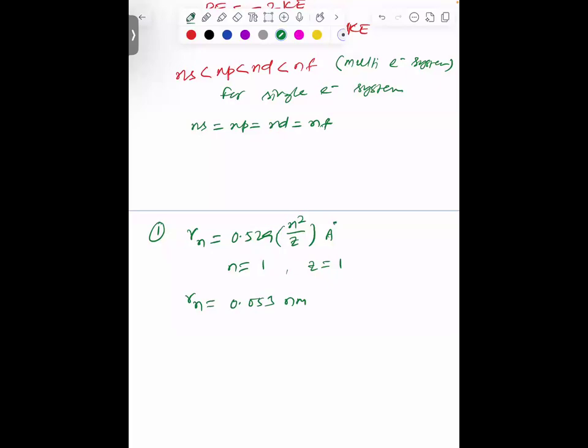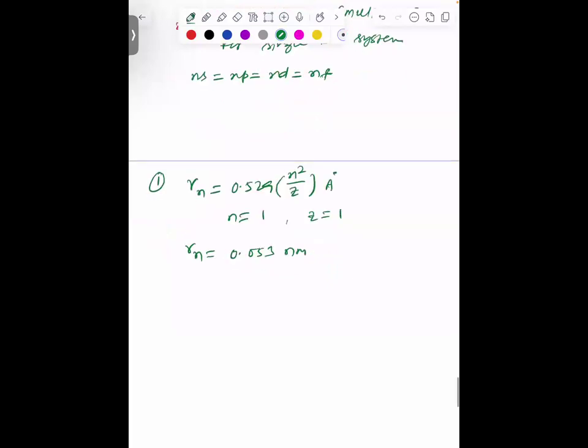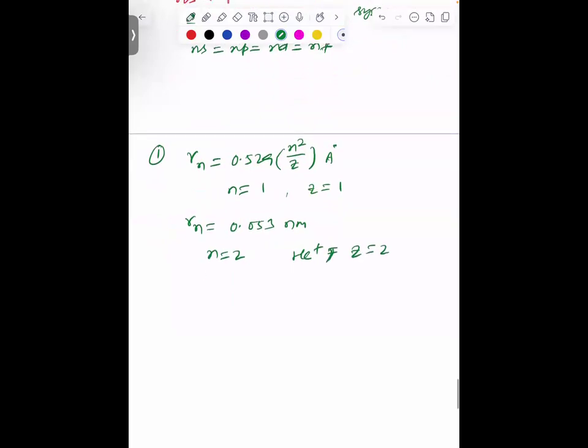Then the radius of the second orbit of He plus: second orbit means n equals 2, He plus means Z equals 2.